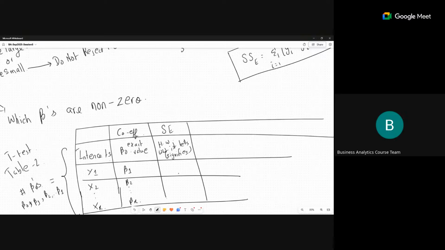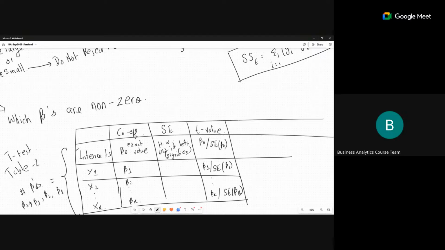The third is where the actual thing starts. It is the t value or the t statistic, which is going to be the coefficient divided by the standard error of that coefficient. Then that is the p-value.